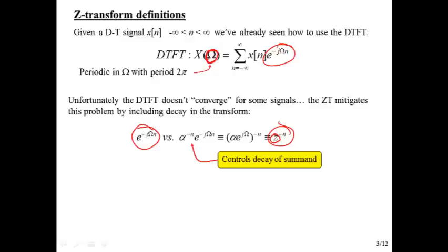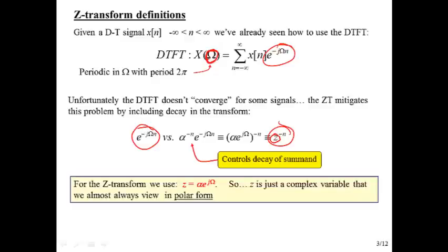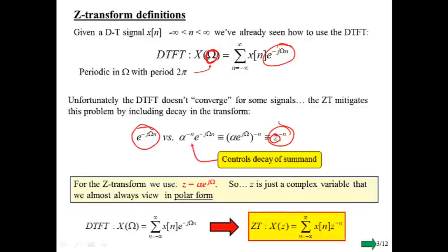And when we do that, we get the Z transform. For the Z transform, we think of z in its polar form, so we can think about adjusting its magnitude. We don't really physically do that, but we can think about that. So we want to think about z in its polar form, and replace this by z to the minus n, and there's our definition of the Z transform.